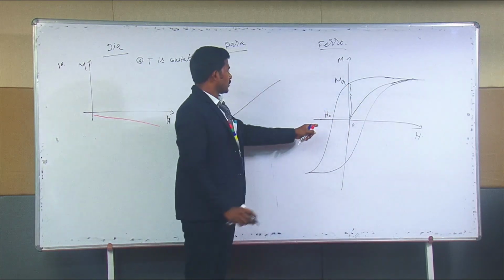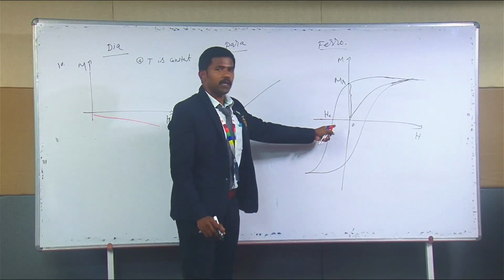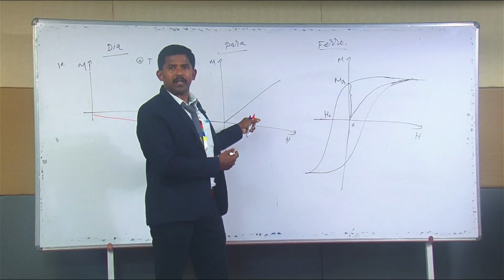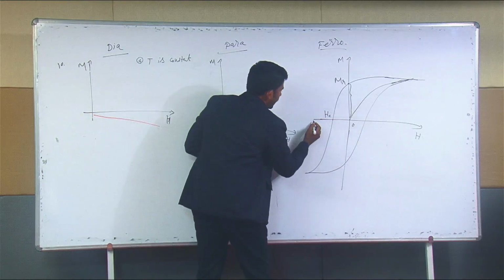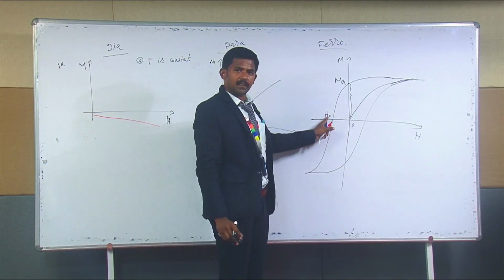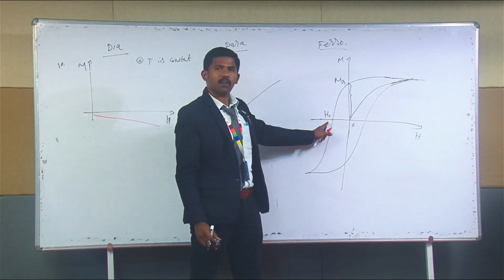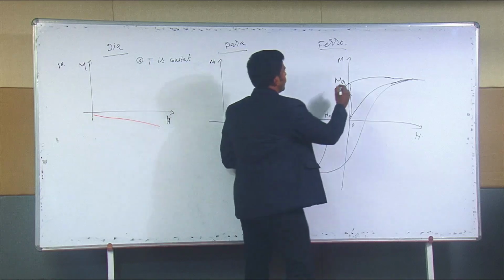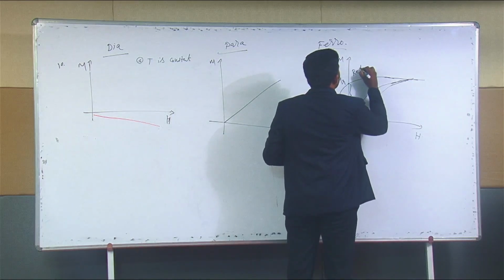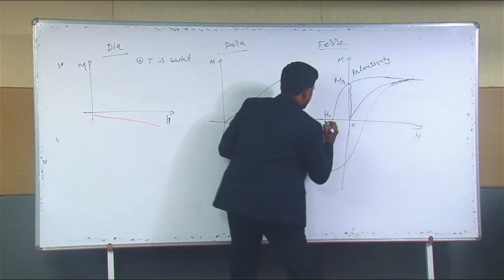If you want the magnetization to come to 0, we have to apply the negative magnetic field. When Hc is reached, the magnetization reaches 0, and that is called coercivity. So this is retentivity, and this is coercivity.